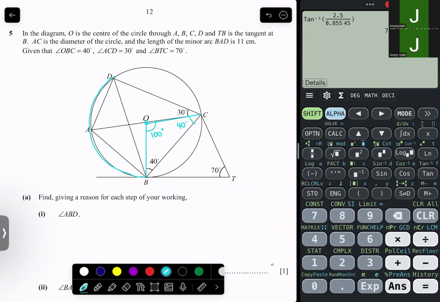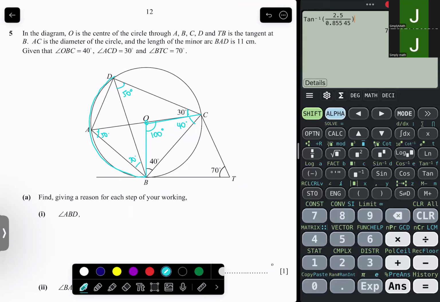Which will make this angle to be 50 degree, which will make this angle to be 50 degree. Then what else? This is 30 degree, so this must be 30 degree as well.